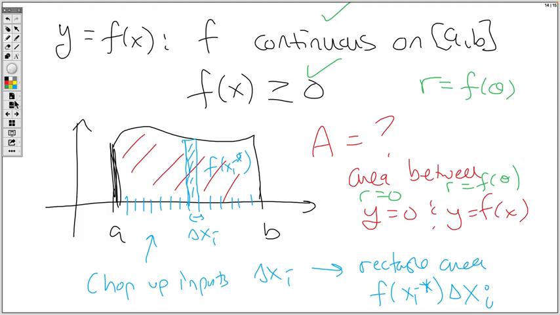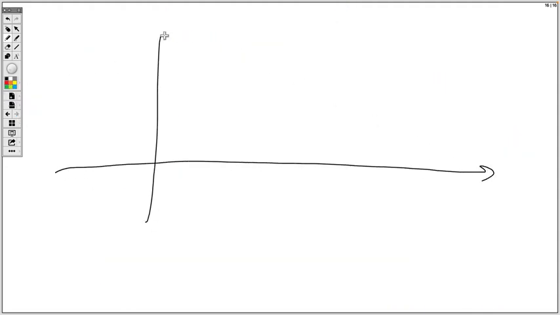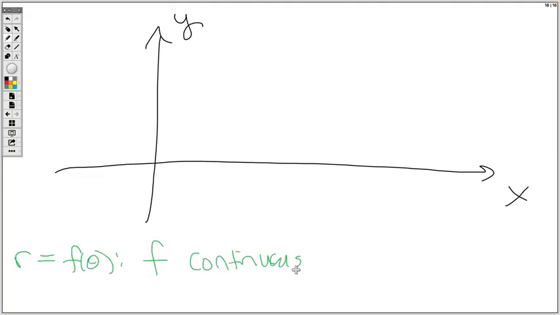So what's that look like, though, in polar coordinates? So once again, we're graphing these polar curves on the xy plane. So we're going to have r equal f of theta. We're going to have f be continuous over an interval of thetas. So we'll call it alpha and beta instead of a to b, because those are Greek letters. Those are the angles. And r equals 0, well, remember, when r equals 0, that sits you right down at the origin.